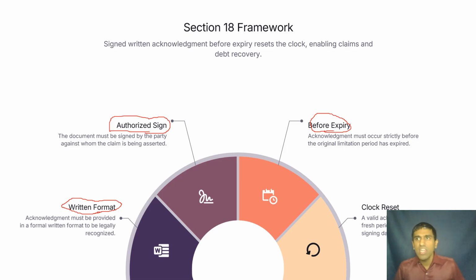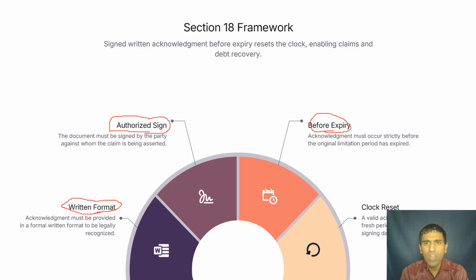Now obviously there is a thing called time barred debts, where even if a debt is barred by limitation, you can arrange for the debt to be paid to you by a legal acknowledgement. That's what this talks about.